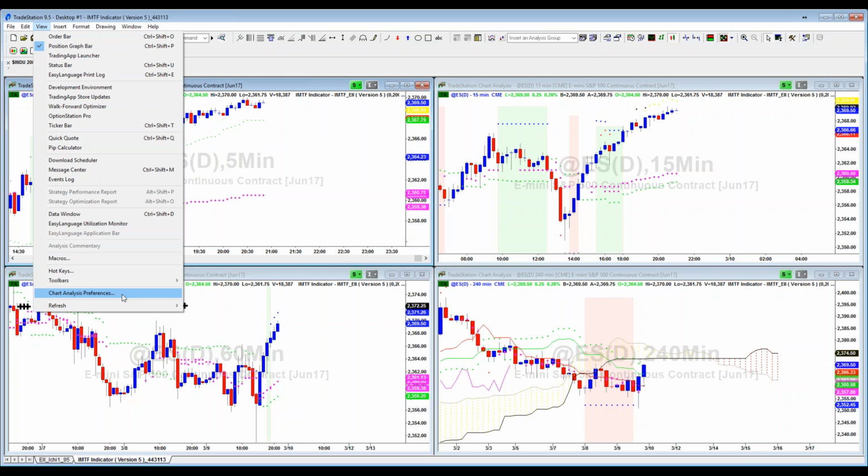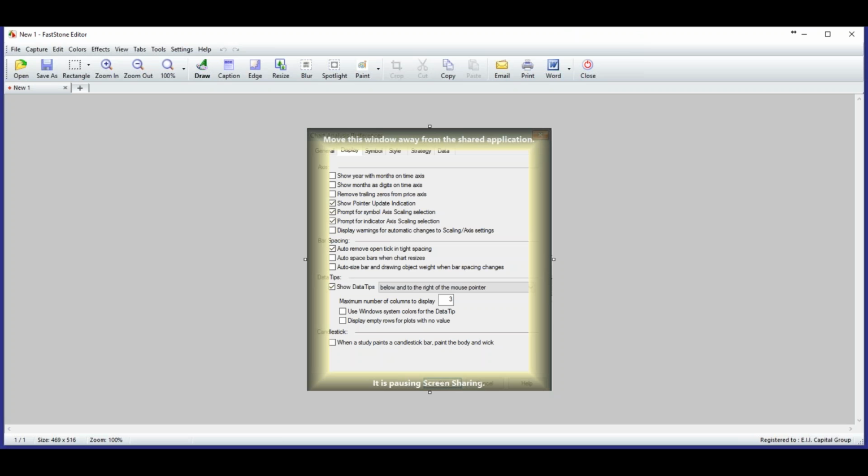There we go. See this little part right there? This option right there needs to be unchecked. That's under chart preferences. So if your candlesticks look distorted, make sure that's unchecked. That one takes care of that.